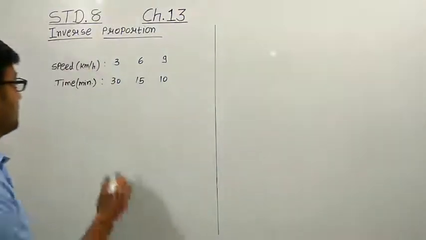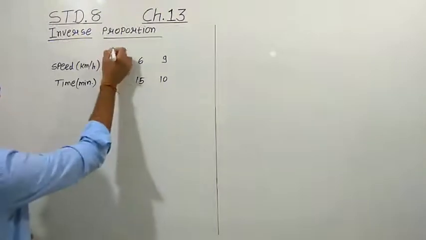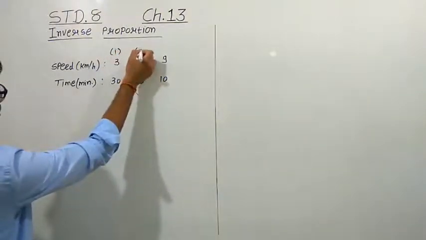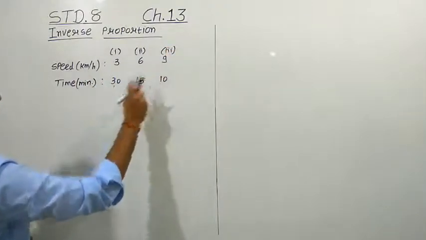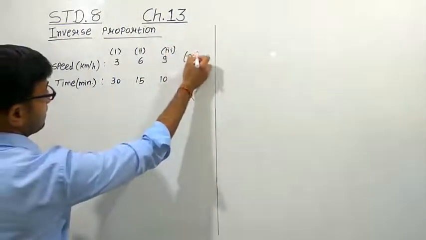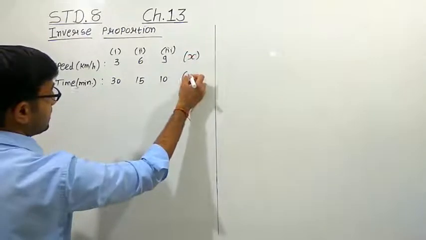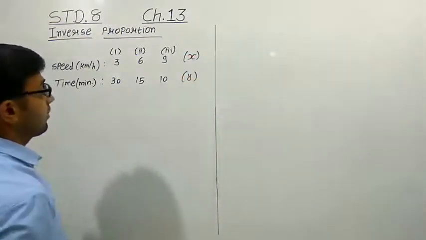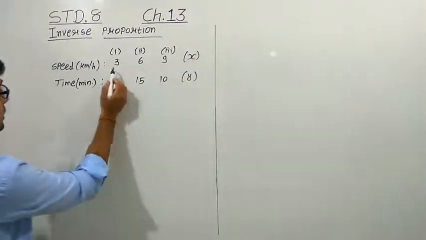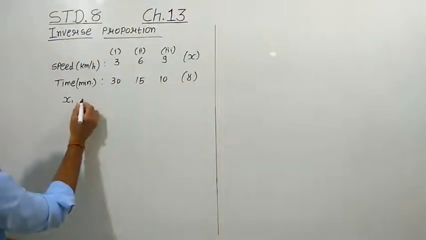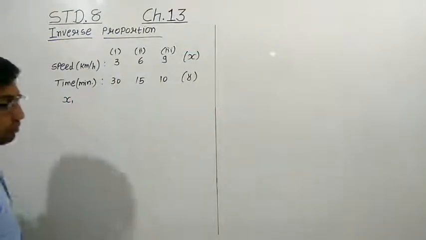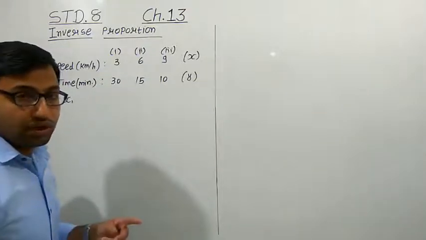Let us see. For the first case, second case and third case, the first quantity we are taking as x and the second as y, as we have taken in direct proportion. So this value is x1. Here x1 is 3. In direct proportion we divide the two quantities, take the ratio.